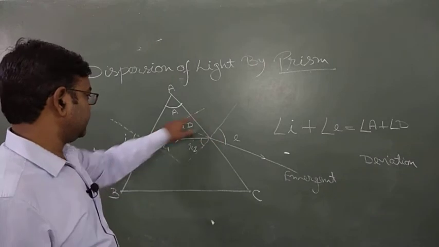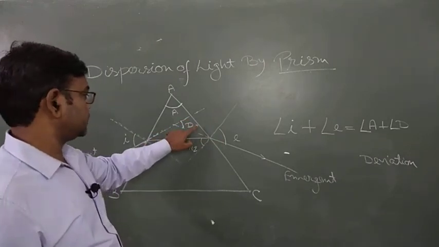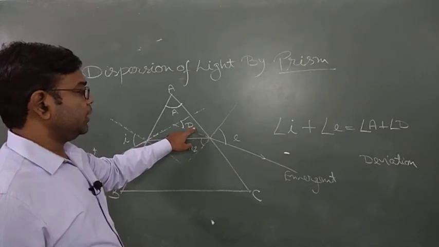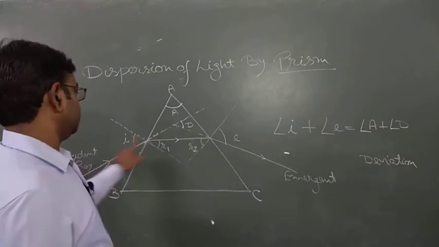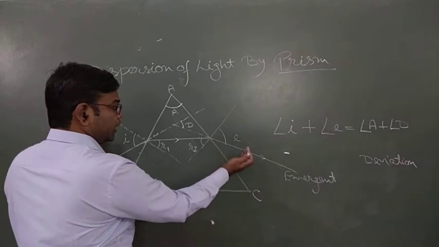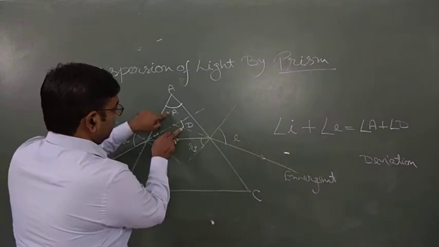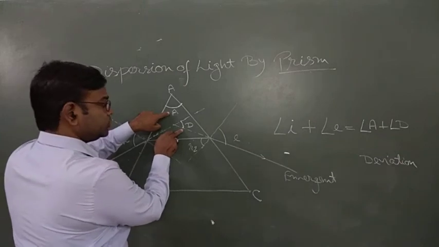This angle made by these two, not the inner part, it's the outer one. This angle is known as your angle of deviation. So all exterior angles are equal to all interior angles, that is angle A plus angle D. These two are interior, na?